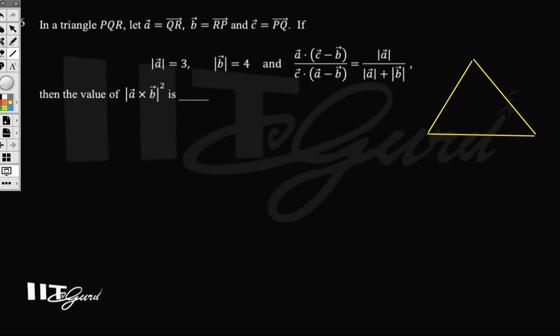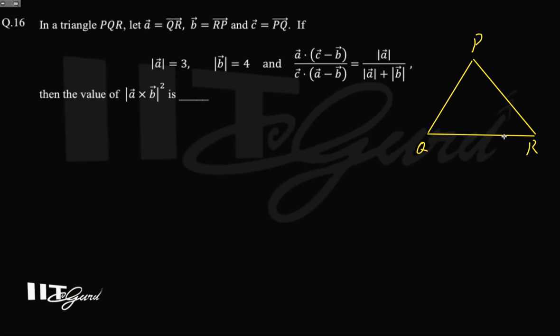Let this point be P, Q and R. So here it is given that QR vector is vector A, and RP vector is vector B, and C is PQ vector. So from here it's very clear that A plus B plus C vectors are 0, due to this triangle.